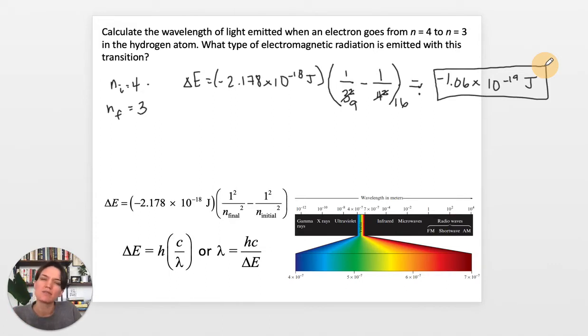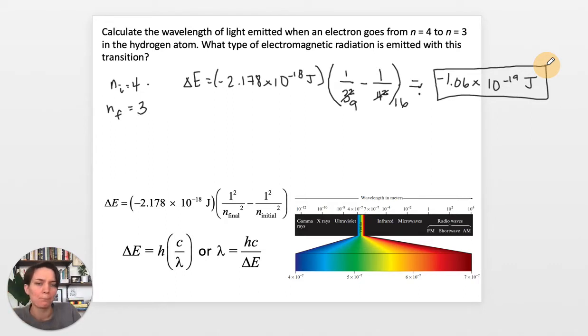The negative is from the perspective of the electron that lost that energy moving from 4 to 3, becoming closer to the nucleus and more stable, but that energy was emitted in the form of electromagnetic radiation, otherwise known as light, otherwise known as a photon, or photons.